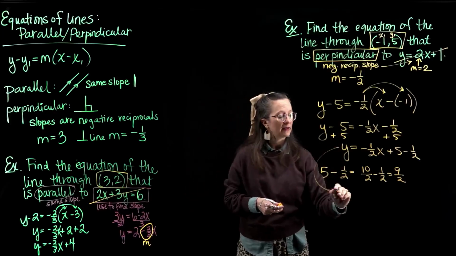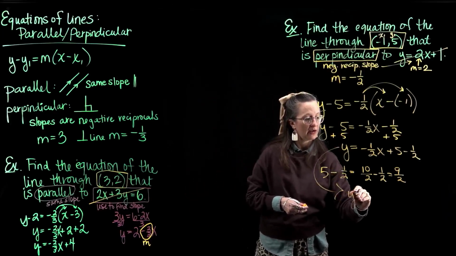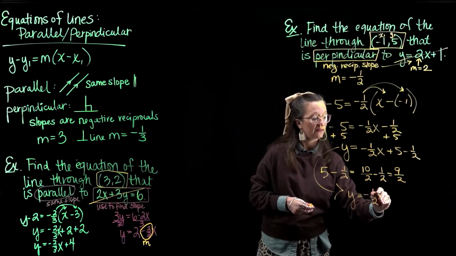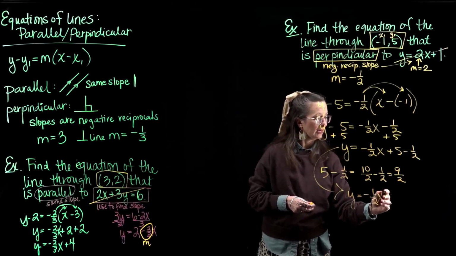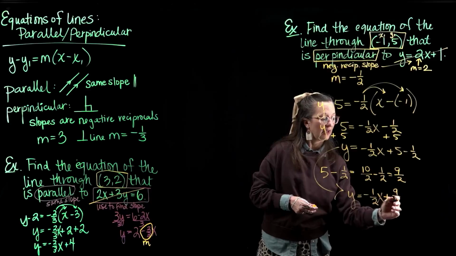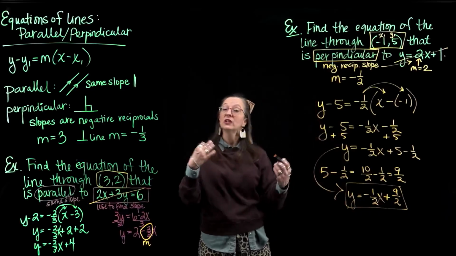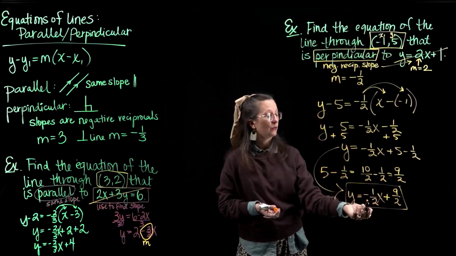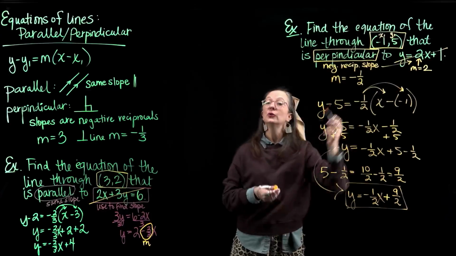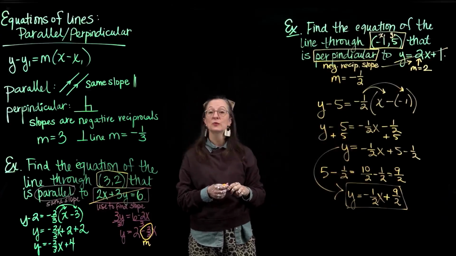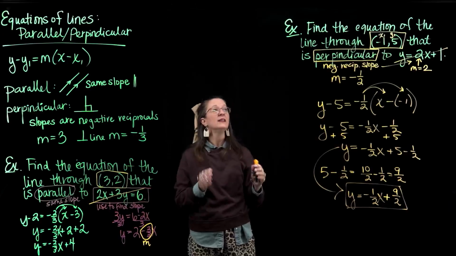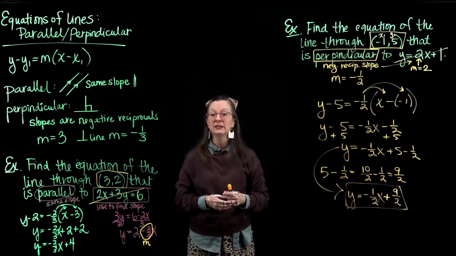So when I rewrite that equation, I would have y = -1/2 x + 9/2. And I would want to just visually check -1/2 and the 2. When we multiply those two slopes together, we get -1, and that works because we wanted a perpendicular line.